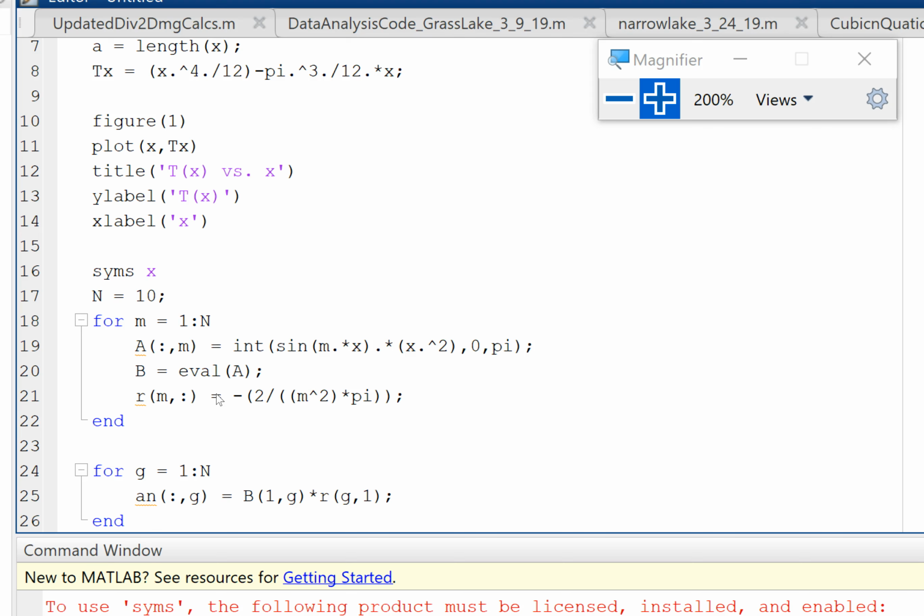Then, down here, all I'm doing is making 2 divided by m, which is 1, 2, 3, all the way to 10. So that's going to be a number already. Again, with symbolic, you can do integration, you can do difference, you can do derivatives, whatever. You can actually, in MATLAB, solve 2 equations or 3 equations at the same time using sim. Then, down here, what am I doing in this for loop?